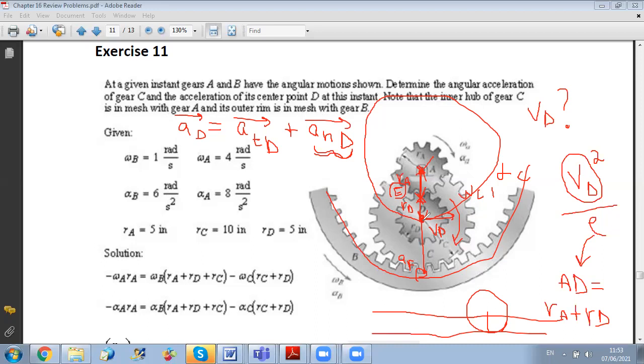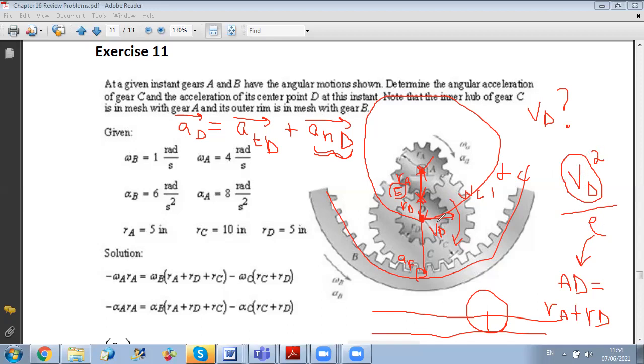We found omega and we found x. So now from geometry, you can find the distance between D and the IC, and then by multiplying omega C by this distance, you get VD by another method. So you can get VD either vectorially or from the instantaneous center method. And once you get it, the normal acceleration of D is VD squared over rho.